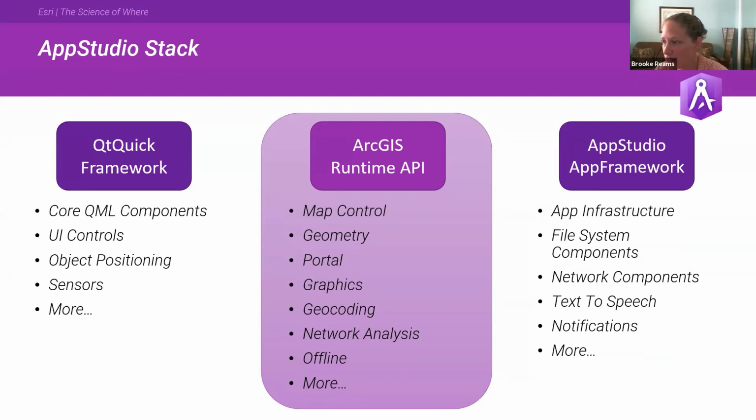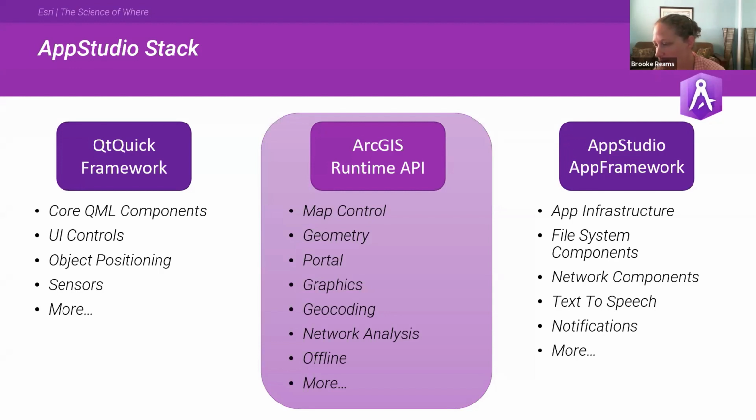And then in the center here, what we're going to be discussing in this session is the ArcGIS Runtime API. That gives us control of all things GIS. Like Chris said, it's putting a map in your app, and not just a map, but it gives you access to manipulate geometry, find the intersection of a geometry, buffer a geometry. It also gives you access to Portal, as in ArcGIS Online, and working with all the items, making updates.